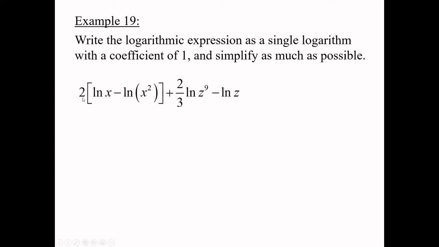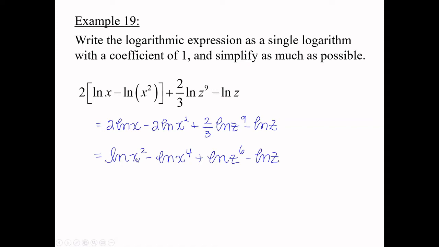Okay, now this means that this 2 is times both of these first two terms. So we're going to distribute that 2, which gives us this and this. Our next step, we'll take this 2, bring the power up here, take this 2, and we're going to have to take this 2 times that 2.